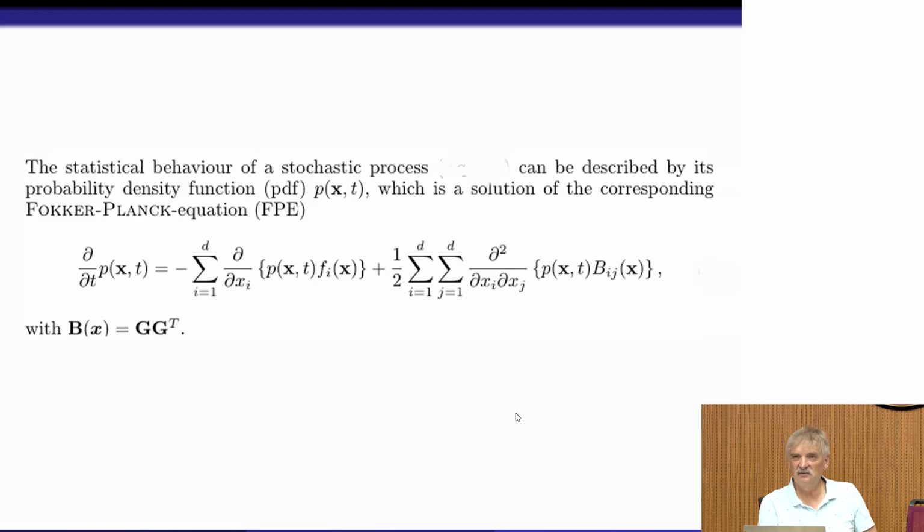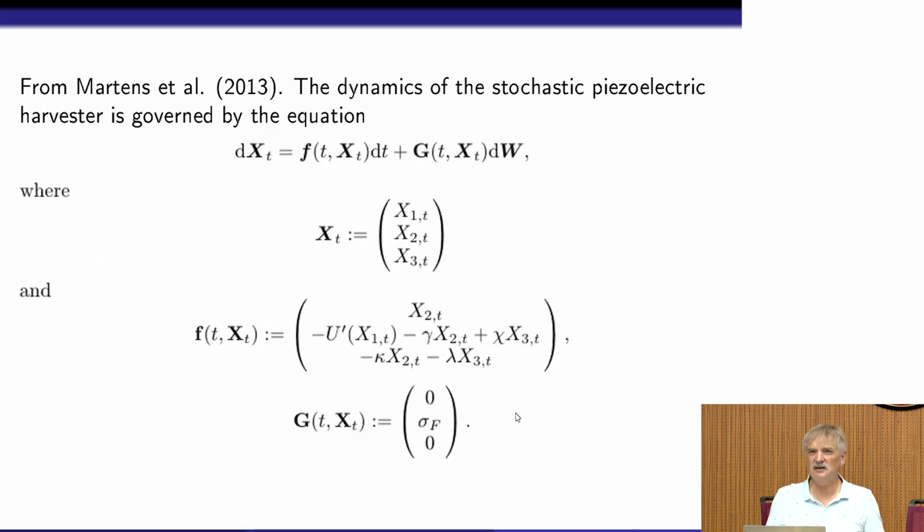And you can directly transform provided that you know these coefficients, and these coefficients are small f and the bij and small f. And if you go to the previous part, you can see that this small f is given in this vector exactly.